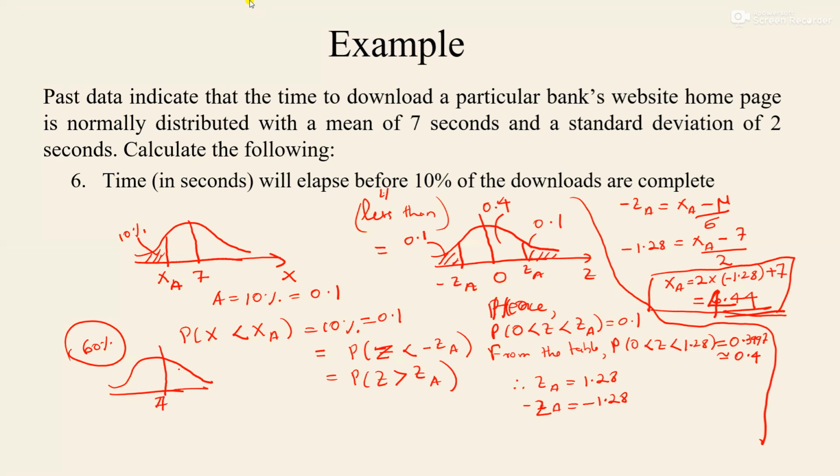It's 7, and then 60% like here. It is XA. This is 60%. Then according to this, you have to calculate the value, right? Then 7 plus something you will get, right? So now we will move to the next example.